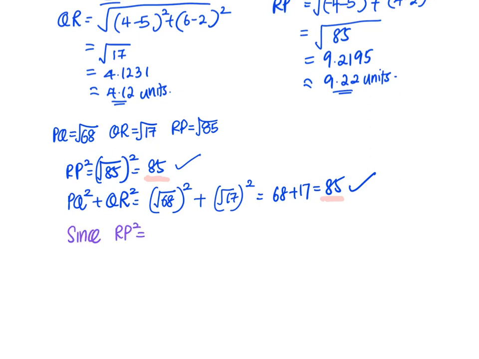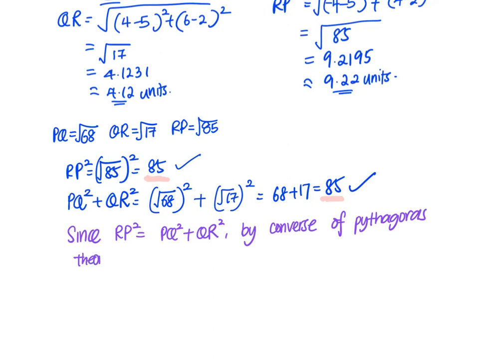Since RP square is equal to the other two shorter sides, PQ square plus QR square, by converse of Pythagoras theorem, triangle PQR is a right angle triangle.